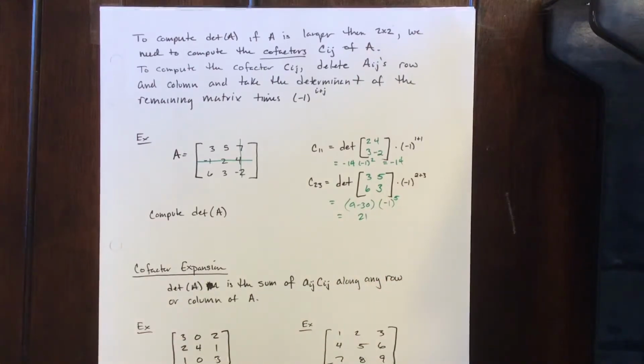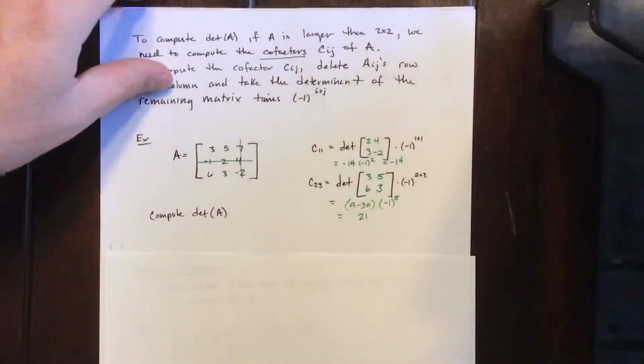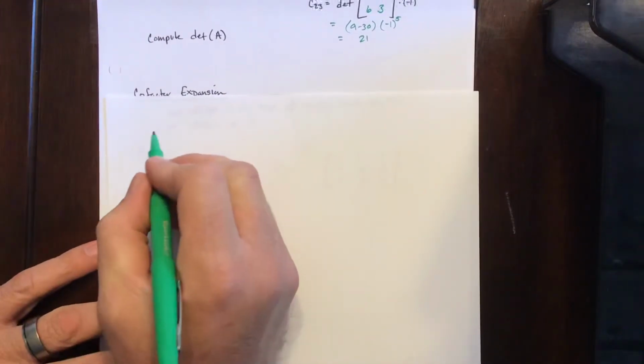Okay. Now we can compute the determinant of A by summing up all the cofactors across a particular row or column. Okay, I'm going to show you kind of, I don't want to call it the easier way, but it's the way that I was taught. So let's look at this.